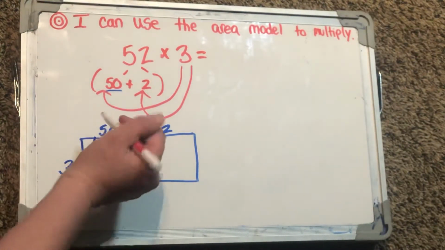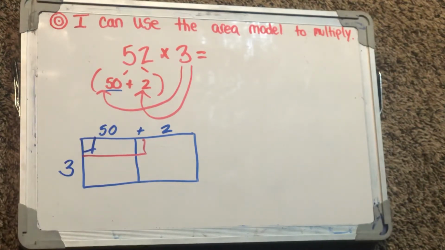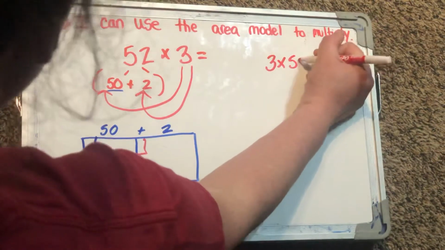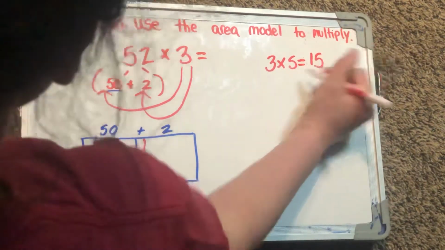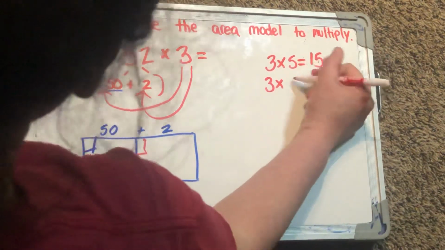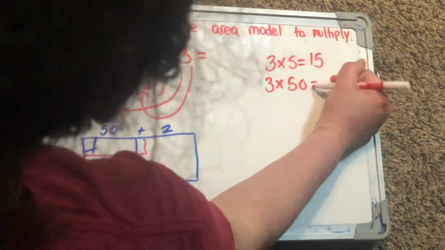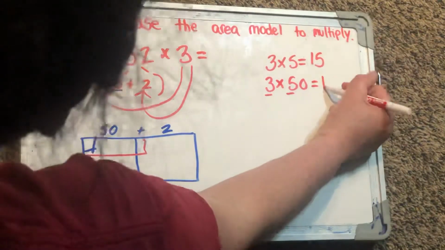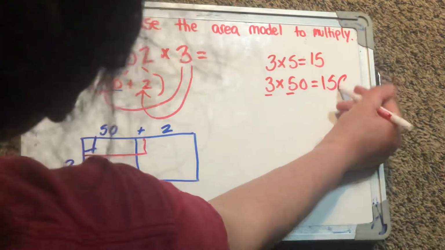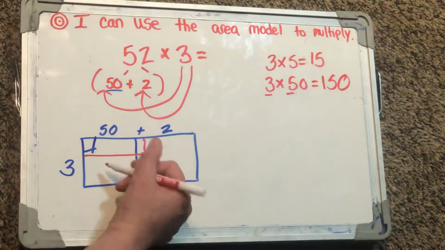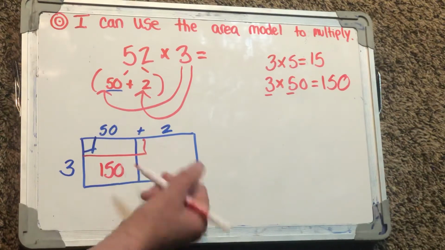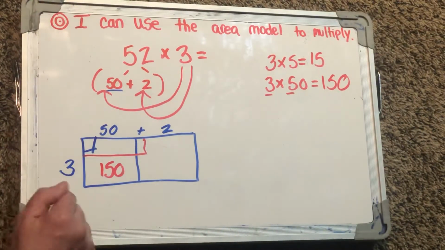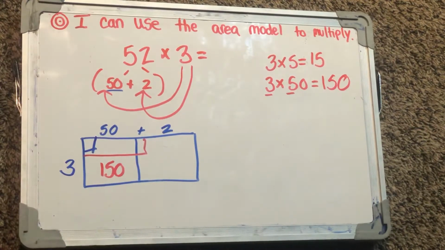So 3 times 50, remember what we learned. If 3 times 5 is 15, then 3 times 50 equals what? I'm going to multiply and add my 0. 150. 3 times 2, I can count by 3's 2 times or by 2's 3 times.